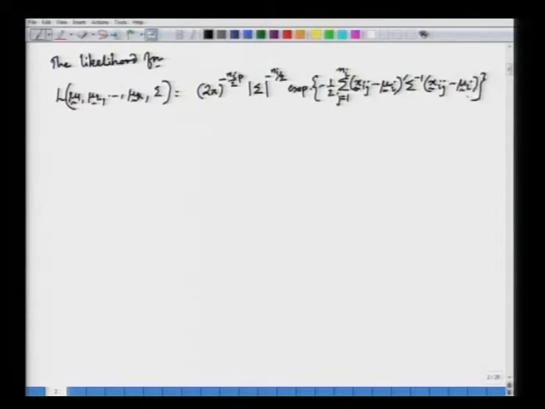Now, what we have now is k such independent populations. So, as a final step, we consider the product of these over i going from 1 to k. So, that is the only difference. We are using two subscripts for the observations. We have a different mean vector in every population. So, it is mu i, and we consider the product over k such populations.